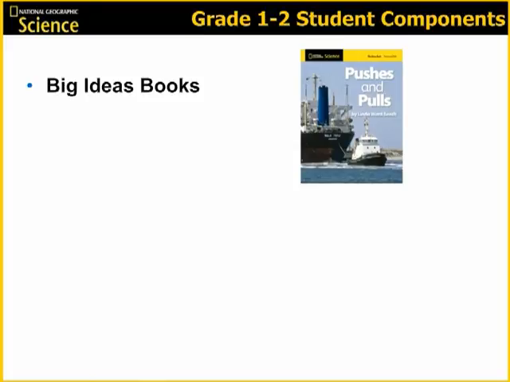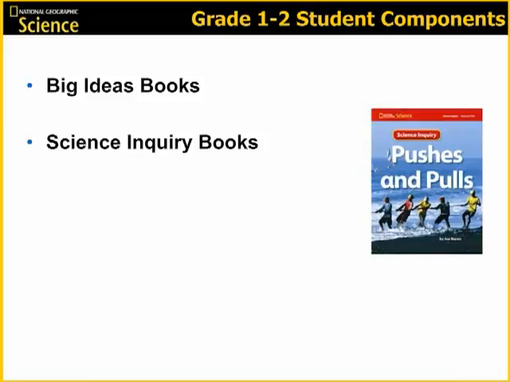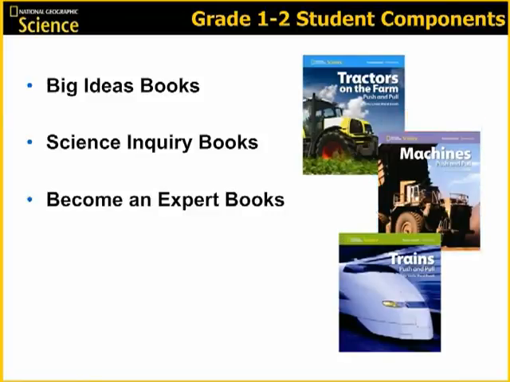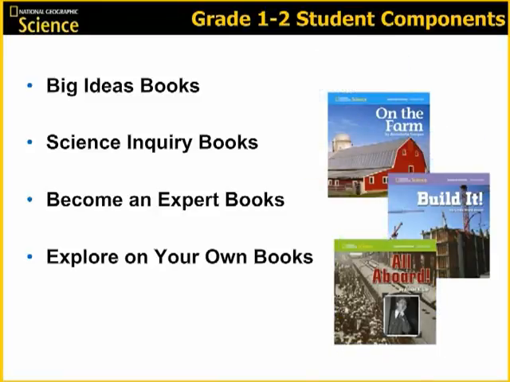For each unit, students will be working with a Big Ideas book, a science inquiry book. They will also have access to 3 Become an Expert books per unit and 3 Explore on Your Own books per unit.